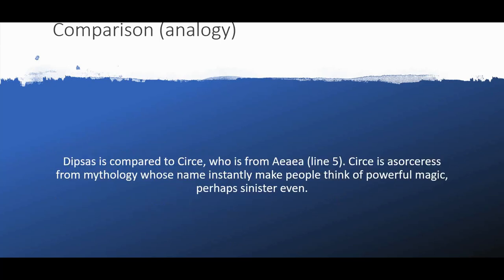Ovid also uses comparison in his work. So what he does, for example, is he uses a famous character, or at least famous for the Roman audience at the time, and uses that character to compare Dipsas to, in order to take some of the characteristics of the mythological character onto her.